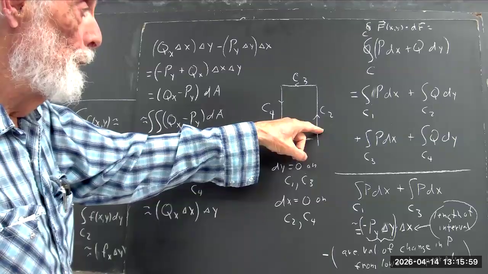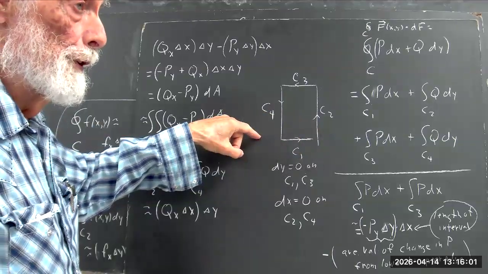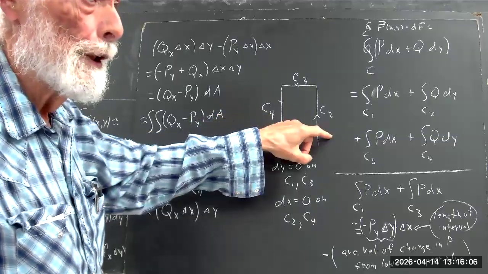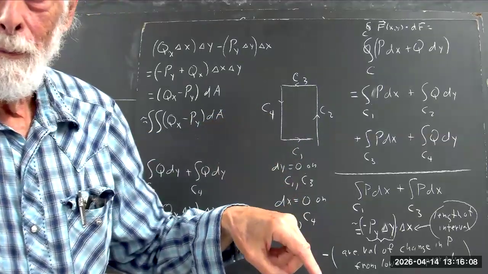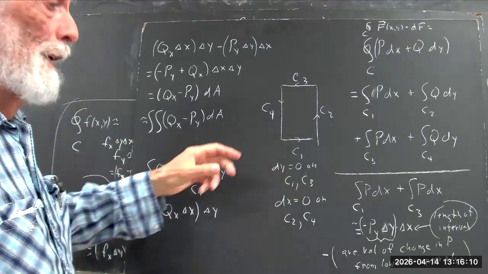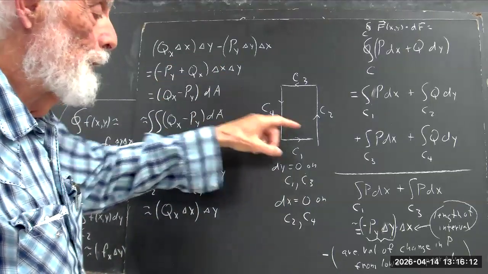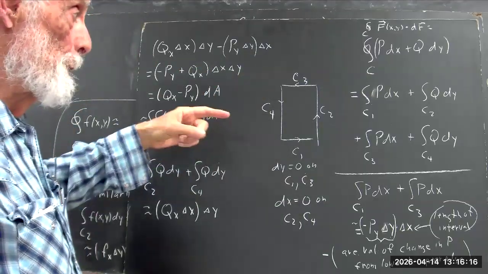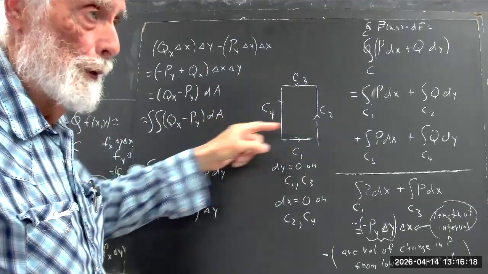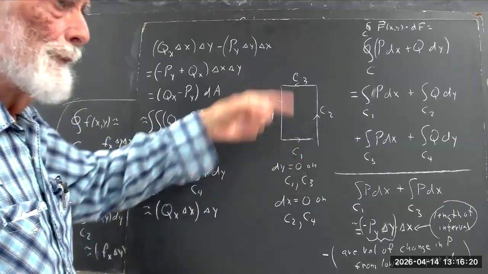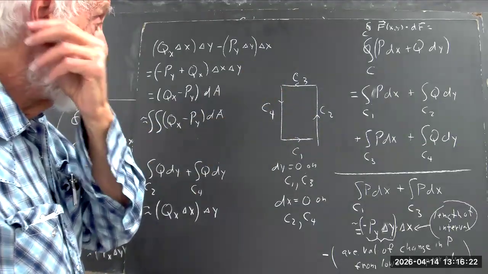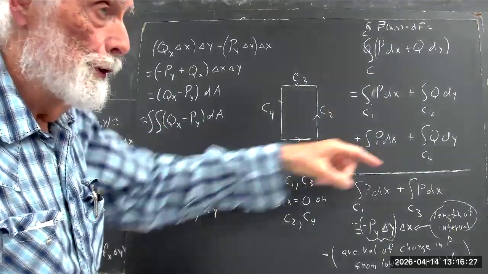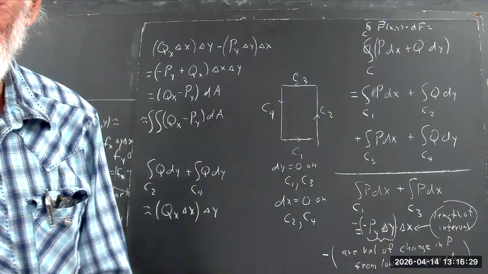The values on C2 differ from the values on C1 because C2 is displaced in the x direction from C1, which means that the difference in the values is going to be the rate at which the values change with respect to x as we move from one edge to the other, multiplied by how far we move, which is, in the case of q, qx dx.